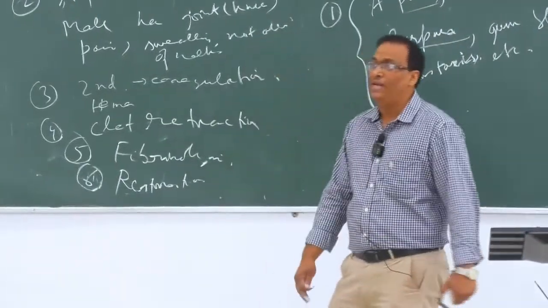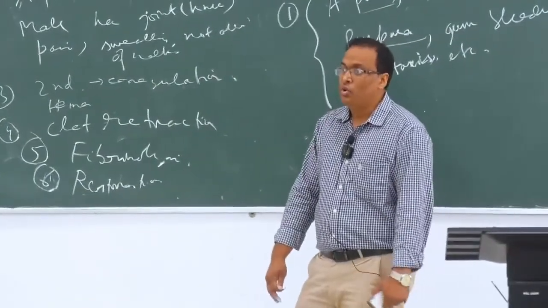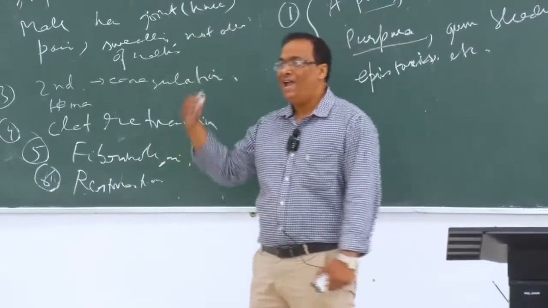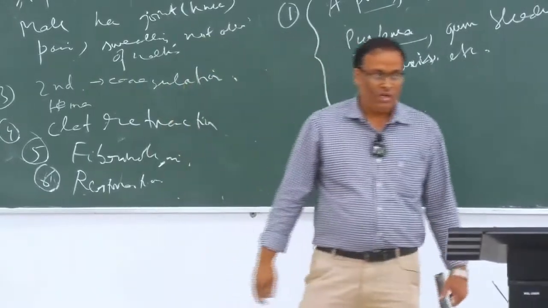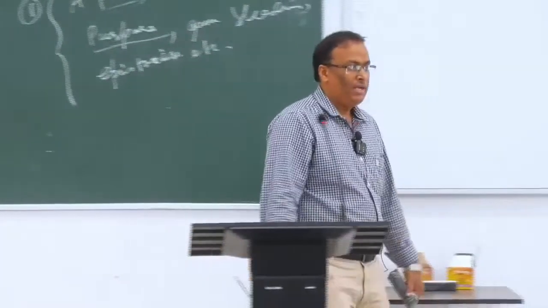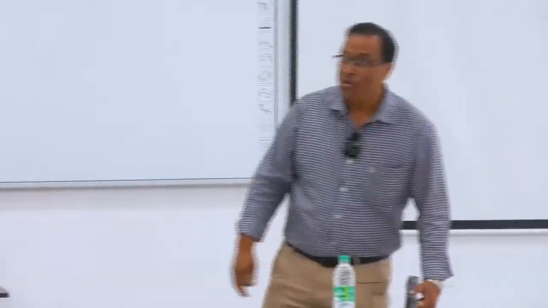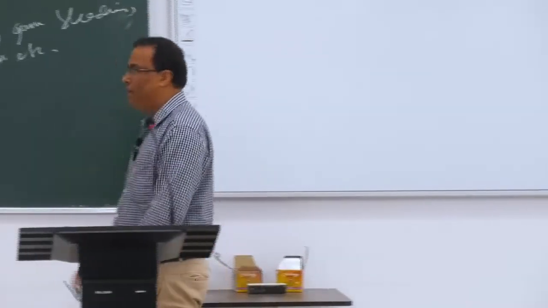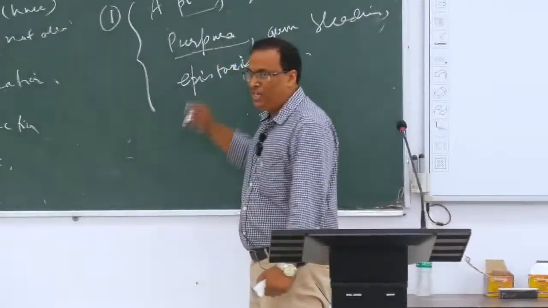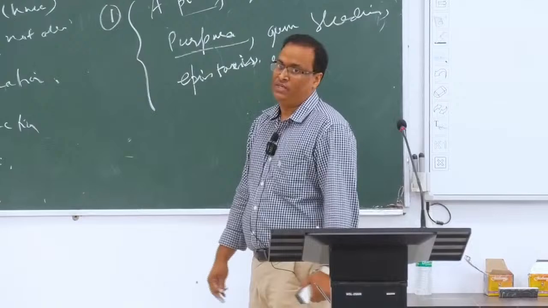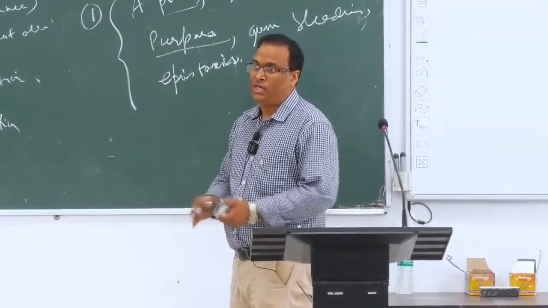That means deep bleeding is happening, with no cutaneous and mucosal bleeding. What do you mean by mucosal bleeding? Epistaxis is a mucosal bleeding. Gum bleeding is a mucosal bleeding. Hemoptysis is a mucosal bleeding. What do you mean by cutaneous bleeding? Purpuric rash, petechial rash. So two types of patients are there.